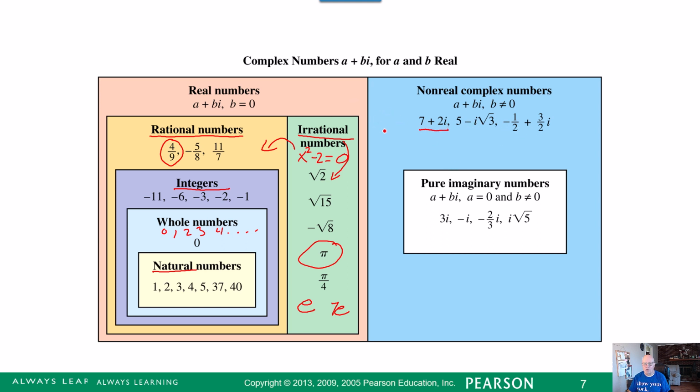Remember, the real part goes first, the imaginary part goes second to make up the complex number. Pure imaginary numbers have the first part missing, so you have just i type, almost like variables, 3i, minus 2/3 i, and so on. Notice over here, we have i before the square root of 5.